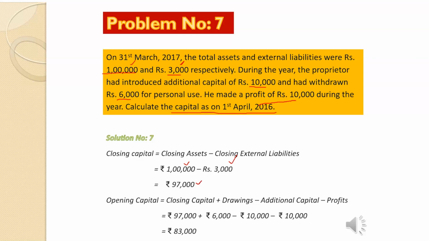So opening capital is equal to closing capital plus drawings minus additional capital minus profit. The closing capital is 97,000, plus drawings 6,000, minus additional capital introduced 10,000, minus profit 10,000.